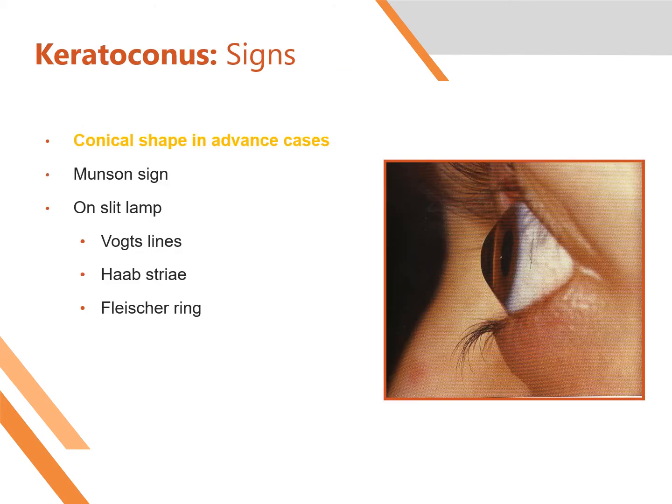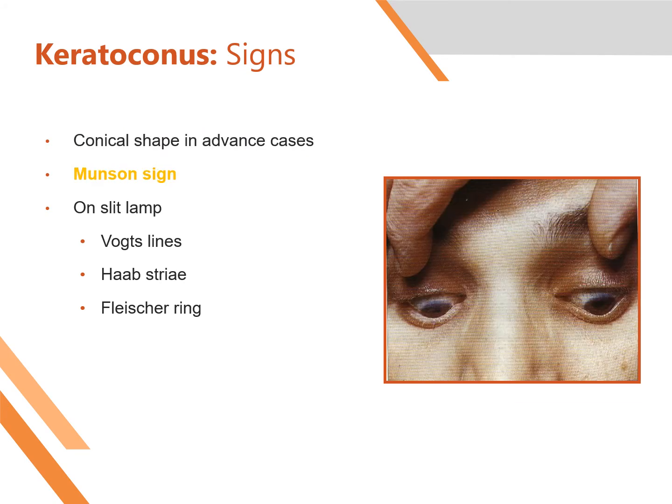Signs of keratoconus: conical shape. Look at the shape of the cornea, it's conical. The conical shape is visible in advanced cases, which is a very easy sign to pick. Then there is the Munson sign. When you tell the patient to look down, there's a bulge in the inferior lid, and that bulge is called Munson sign.